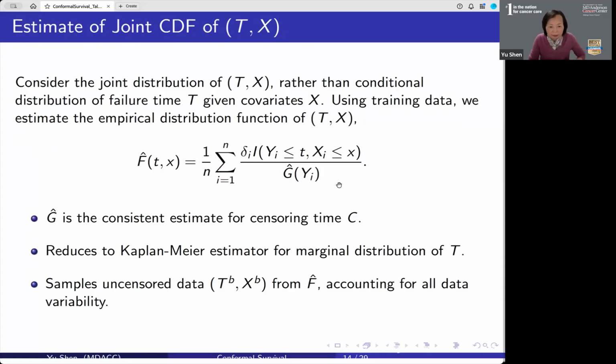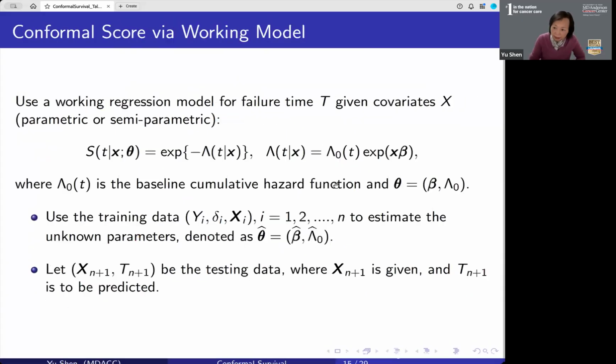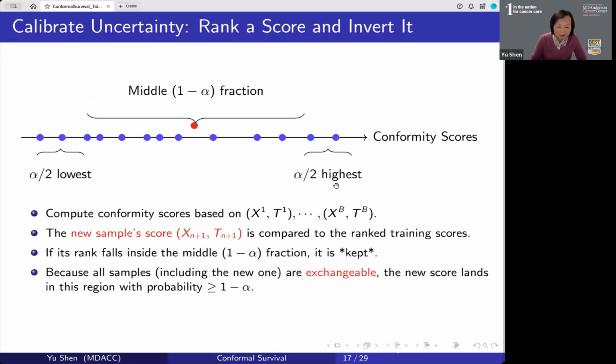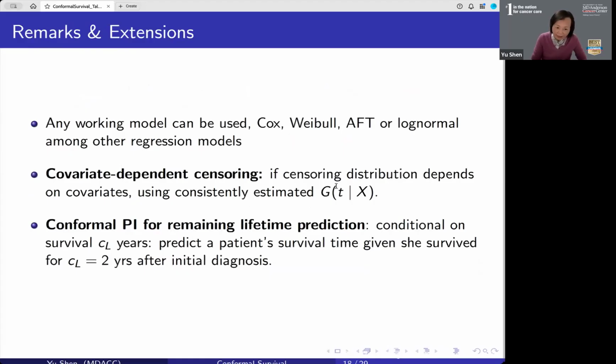In case the censoring time depends on X, we can model that, but we have to model it consistently. That's a restriction, so that the whole F hat is consistently estimated. That is required to ensure that this conformal inference works, even though the working model can be flexible.